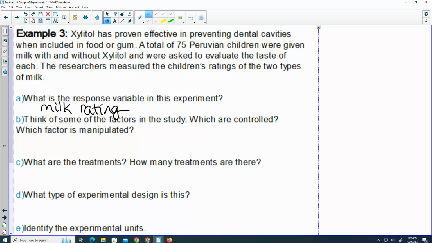So what are factors? The variables. Which of them are controlled, which one is being manipulated? So, control factors, some different variables that we are controlling. Or maybe we should start with which factor is being manipulated?